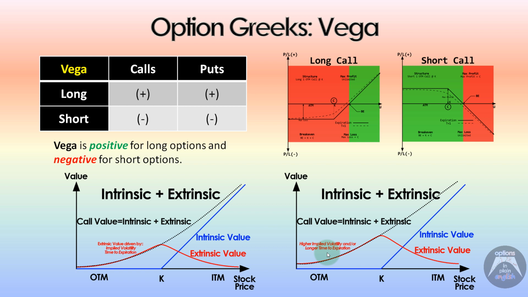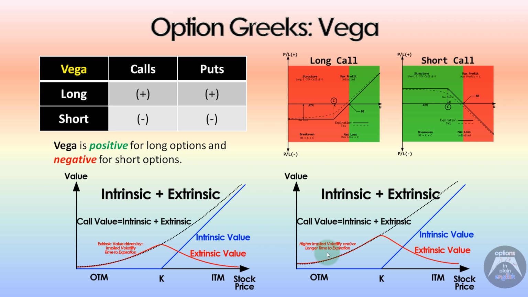And this is especially important if you're looking to put on delta neutral positions. For example, if you buy a straddle, if you buy a strangle, or if you sell a straddle, or if you sell a strangle, where you don't care about direction and the only thing that you're betting on is the total value of the options going down over time if you're short, or going higher over time if you're long.